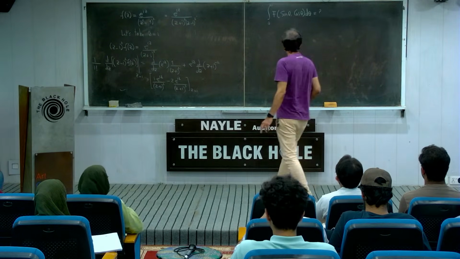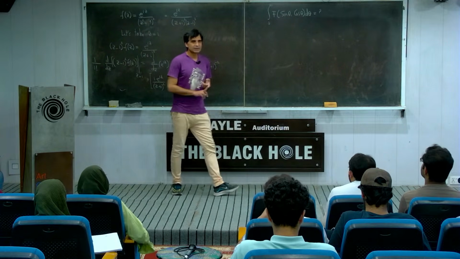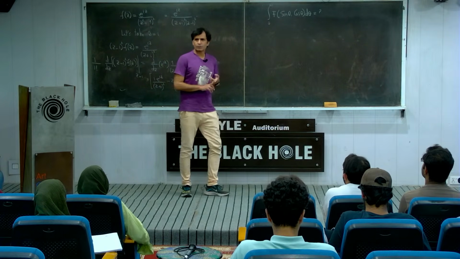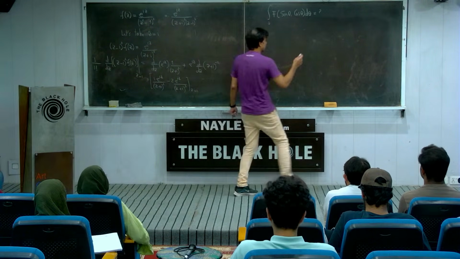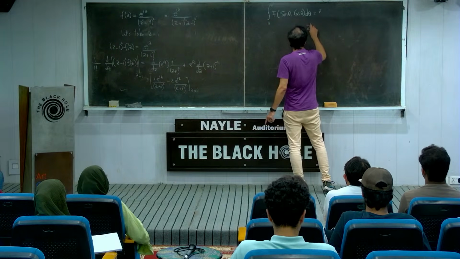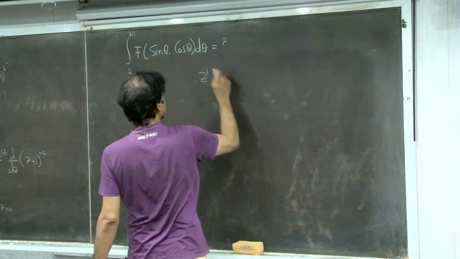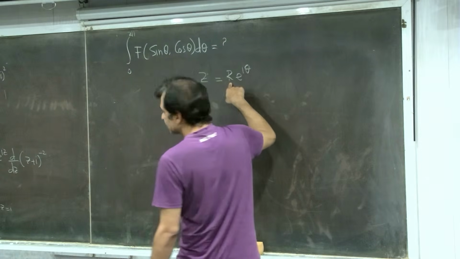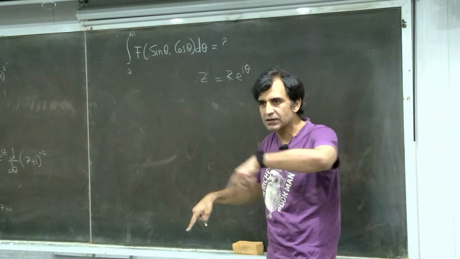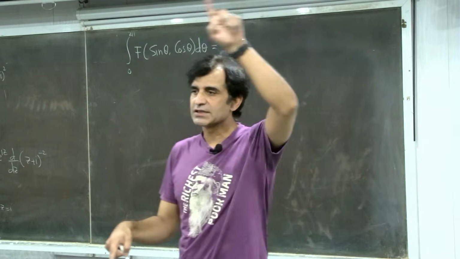But before that you remember the parametric equations. You remember I told you about the De Moivre's theorem that you can write z to the power n for any unit circle. You know the parametric equation for z is r e to the power iota theta, where r is the radius of a circle and theta is the angle on which you can move on the surface of the circle.